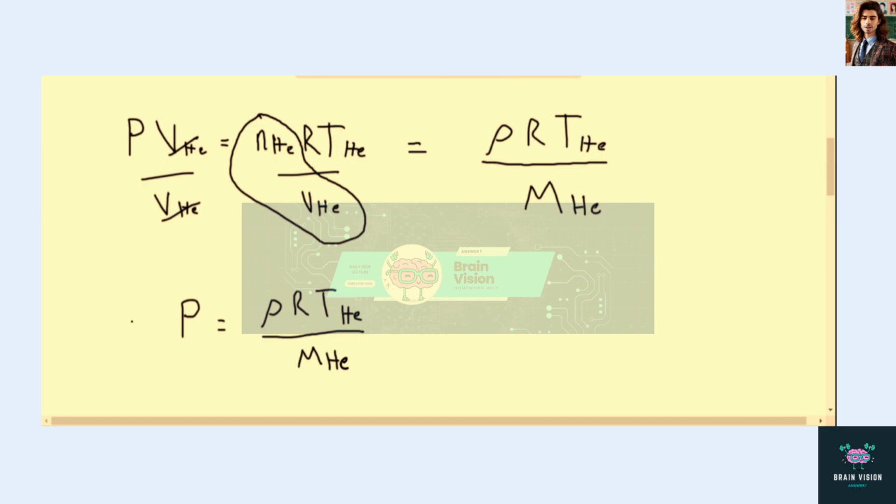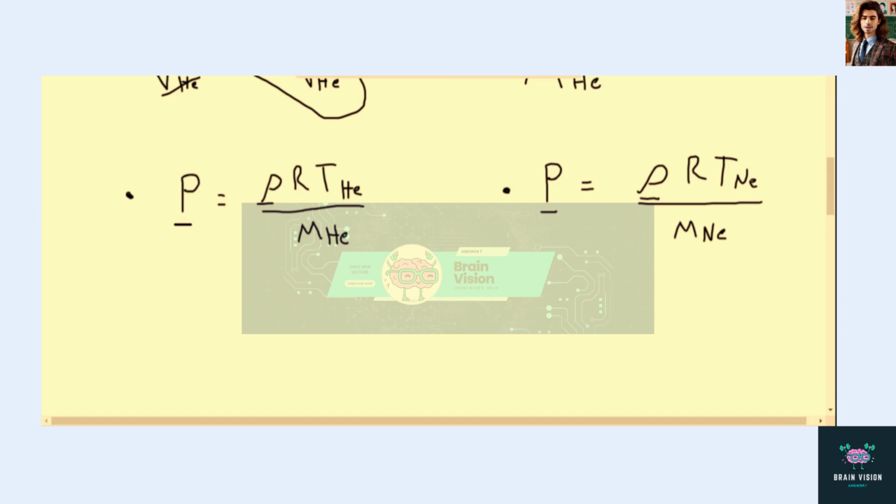So imagine we did the exact same thing for our equation for neon. We would have pressure of neon equals rho RT over the molar mass. And again, remember, pressure and density are the same for both of these gases. So if the pressure and the density are the same for both gases, that means I can equate these two equations to each other, right?